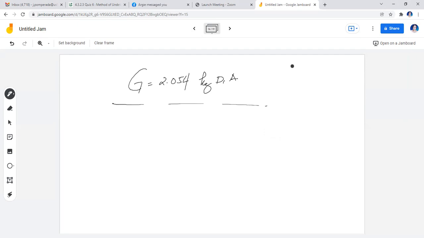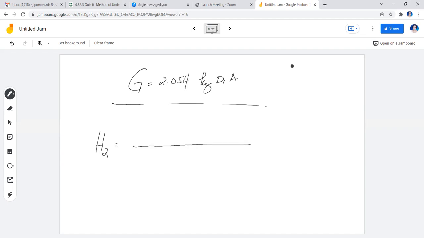Next, humidity. How will you determine humidity? Material balance again. How will you determine the humidity of the exit air? It should contain the water that it initially has, and it should contain the water that was evaporated. I already guided you.